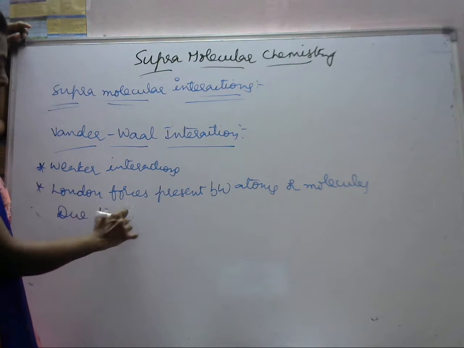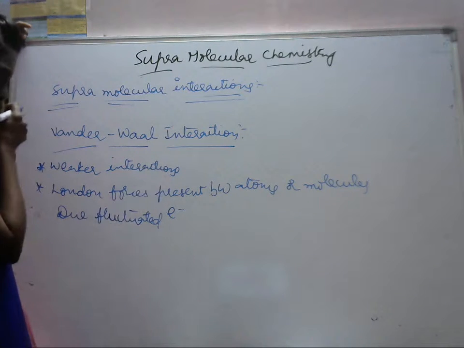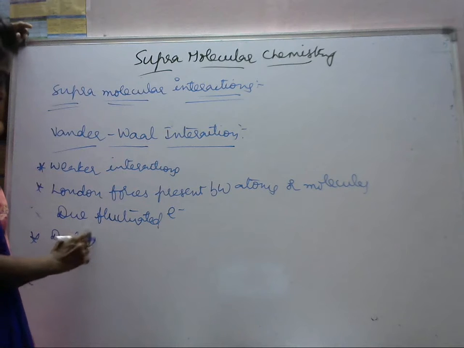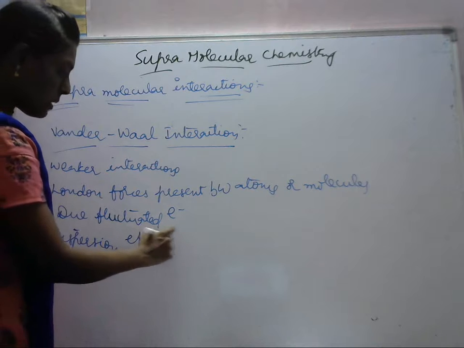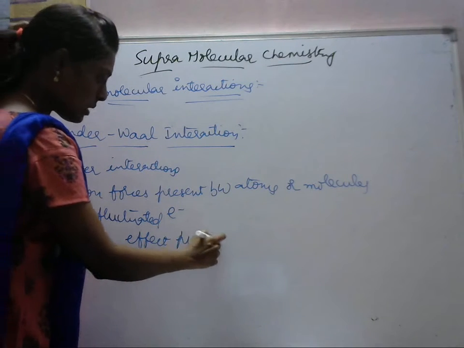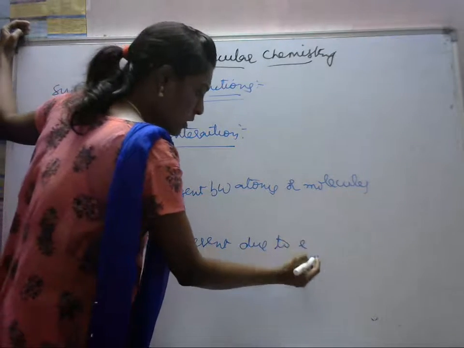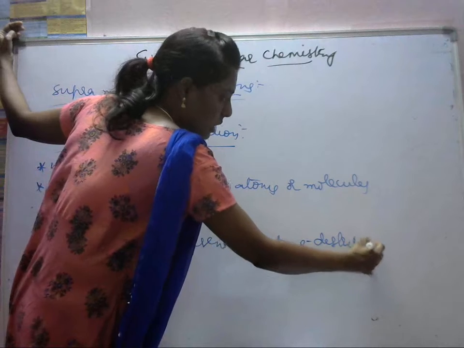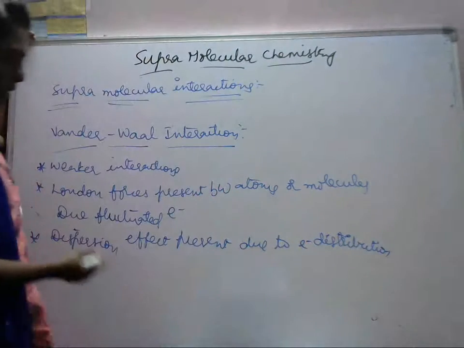Due to fluctuating electrons, it has this effect. The dispersion effect is present because the electron distribution is asymmetric.